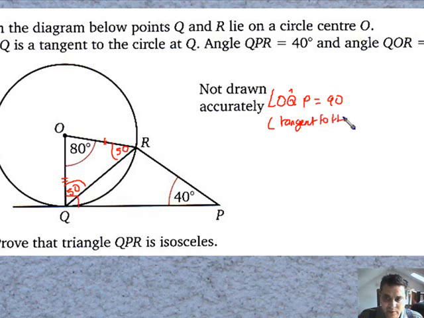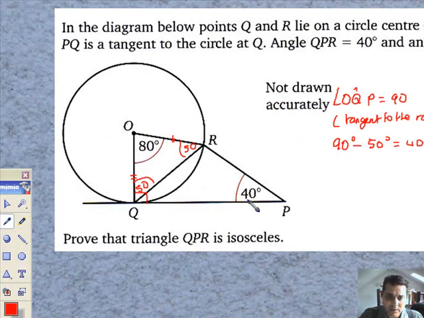Tangent to the radius. And therefore, what have I got here? I now go 90 degrees, take away 50 degrees, equals 40 degrees. Again, it's me fully writing out the proof. So therefore, RQP is 40 degrees.